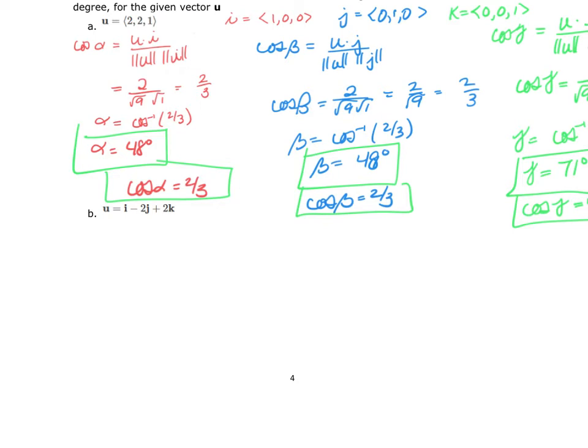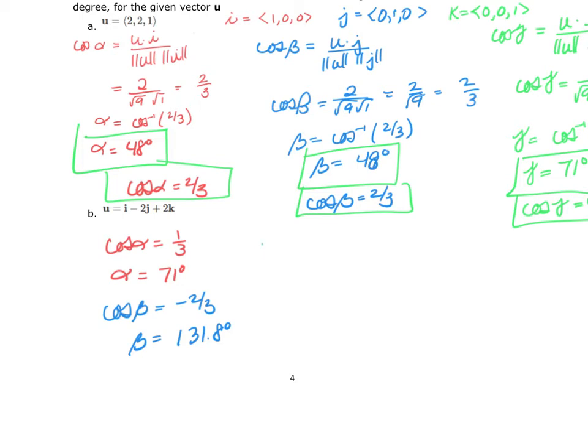Welcome back. So the cosine of alpha for this one, you should have gotten 1/3, which gives me an alpha equal to 71 degrees. You should have gotten a cosine of beta equal to -2/3, which gives me a beta equal to 131.8 degrees.